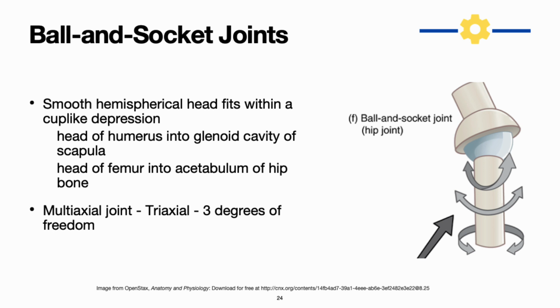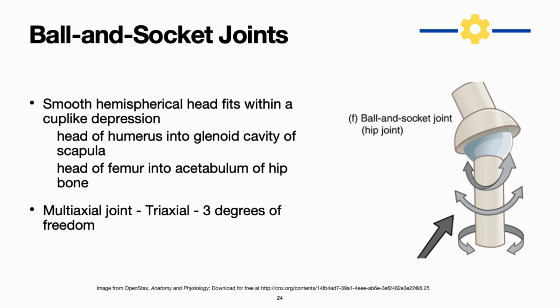Now, the multiaxial joints are going to allow motion in 3 planes. This first classification, a ball and socket joint, tends to allow a fairly large range of motion. Ball and socket joints occur in the shoulder between the humerus and the scapula, and at the hip between the head of the femur and the acetabulum, which is formed by the pelvic bones.